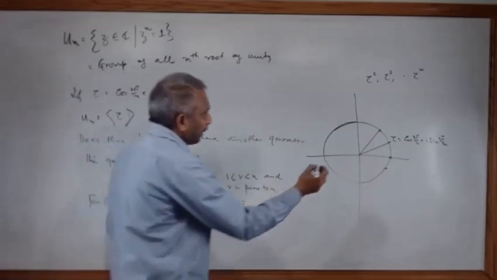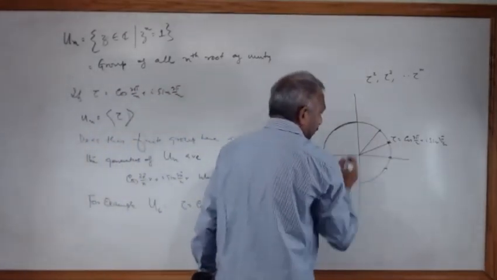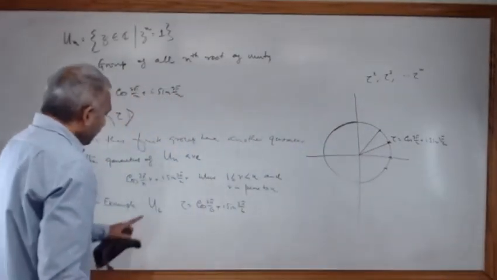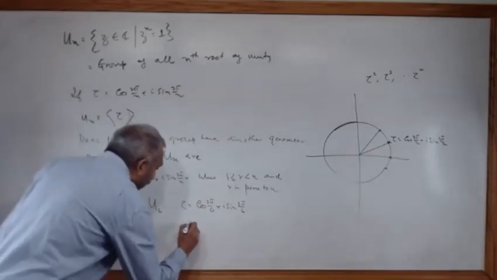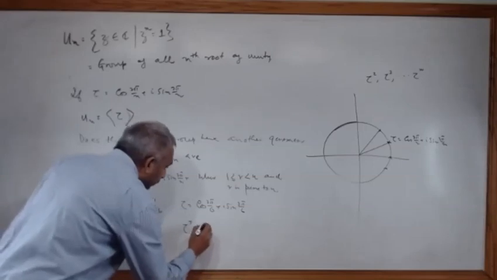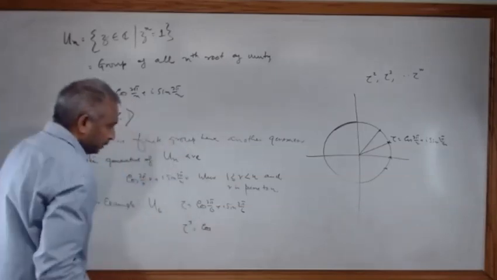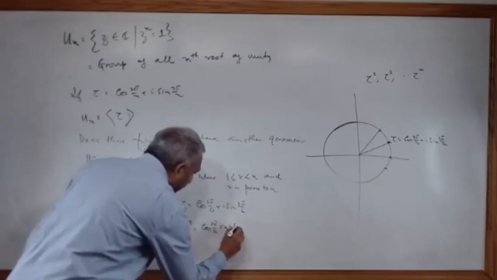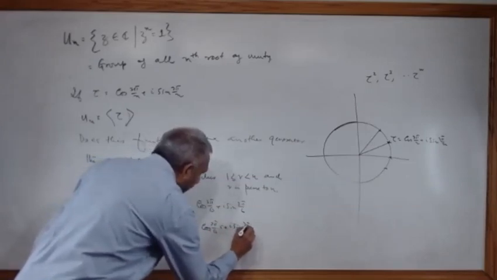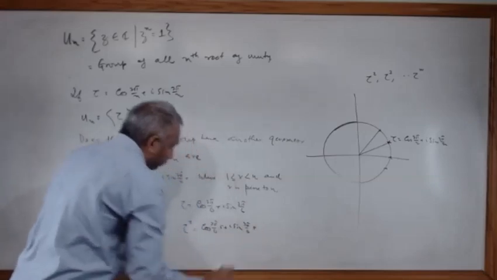And that is this point, first point. Other generator is zeta to the power of 5, and that is cos 2 pi by 6 times 5 plus i sine 2 pi by 6 times 5.